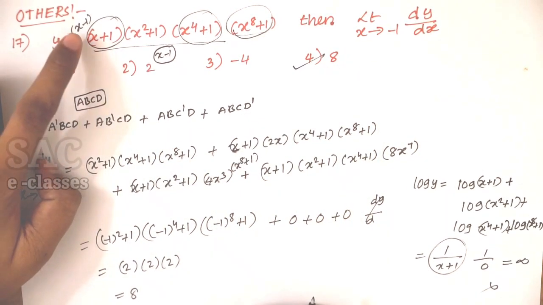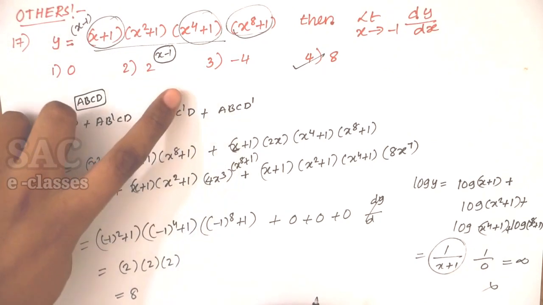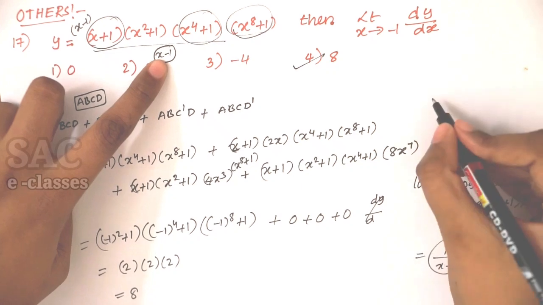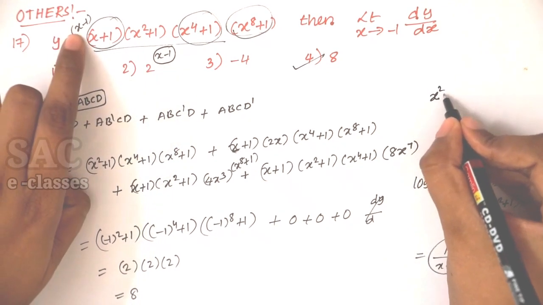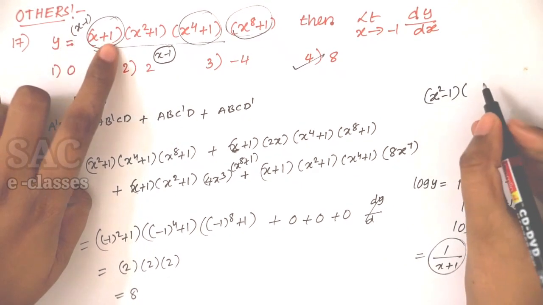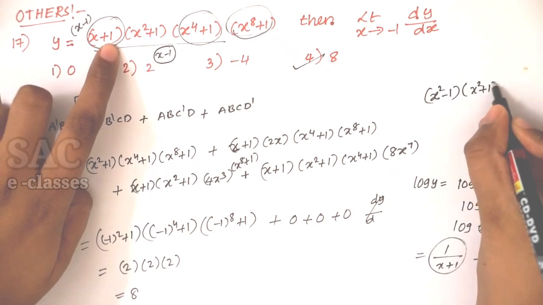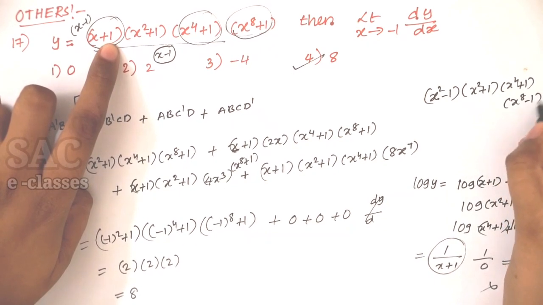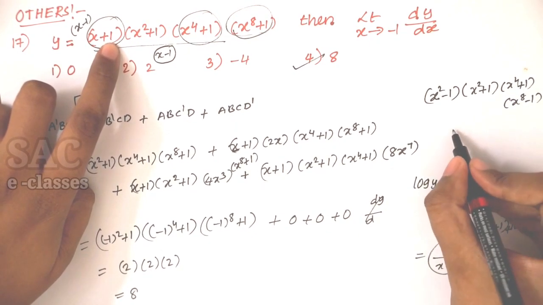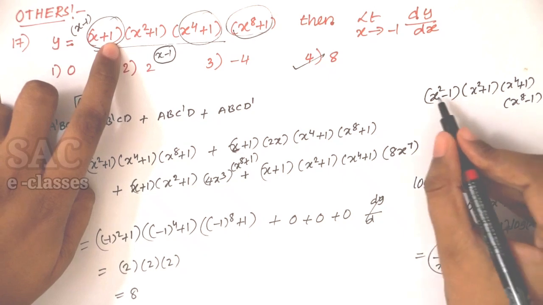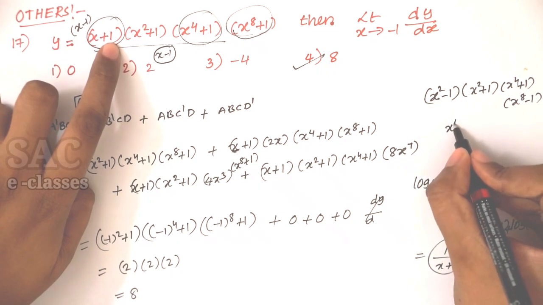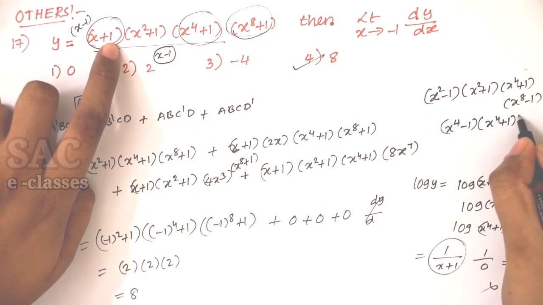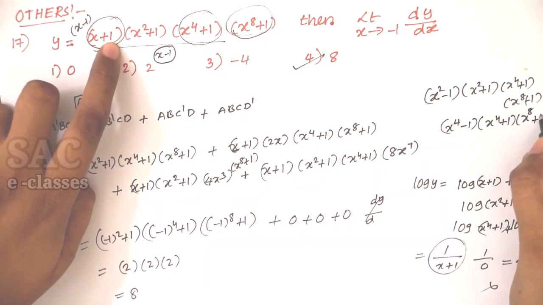Maybe if I multiply with x minus 1 and divide with x minus 1, what may I get? x square minus 1 into x square plus 1 into x power 4 plus 1 into x power 8 plus 1. Then x power 4 minus 1 into x power 4 plus 1 into x power 8 plus 1.